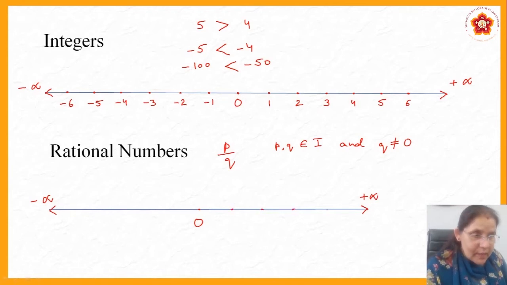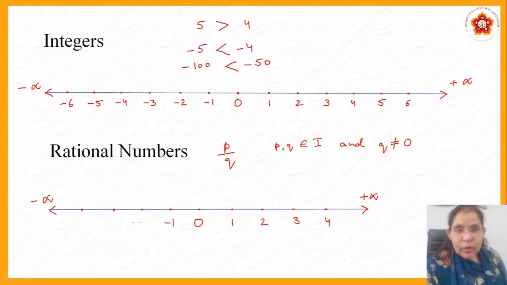So mark these points. I am marking the points on both the sides. We can mark the integers. So it is 1, 2, 3 and 4 towards the right of 0, and we have -1, -2, -3, -4.